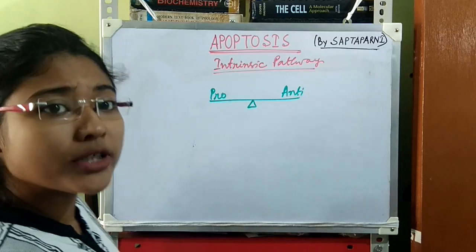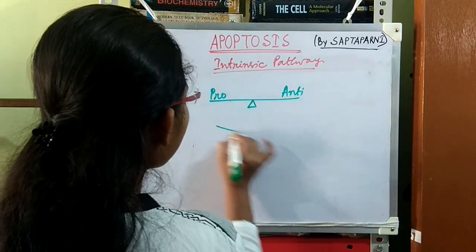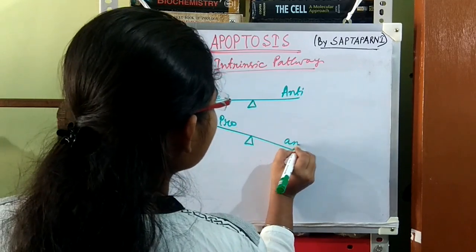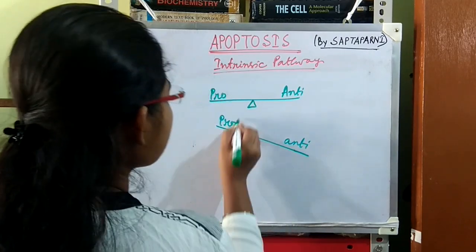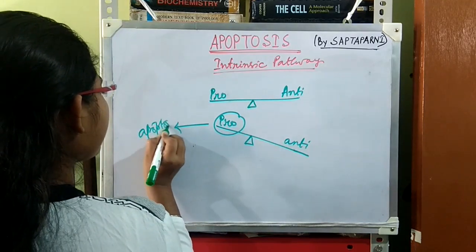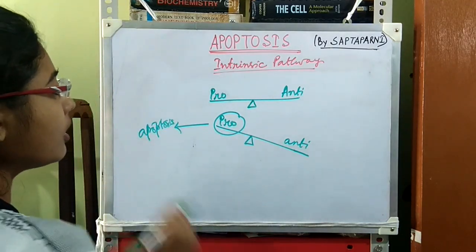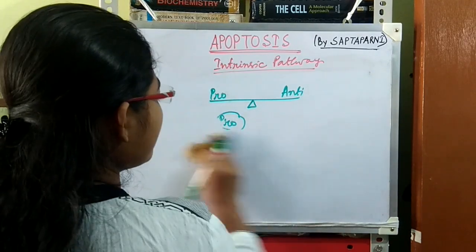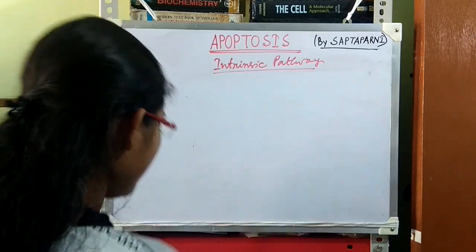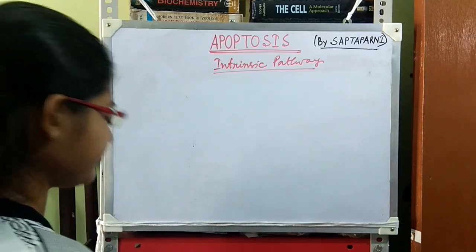When the apoptotic signal comes, the pro-apoptotic proteins become dominant and anti-apoptotic proteins get repressed, and as a result it causes apoptosis. So now coming to their function, or how do they regulate.